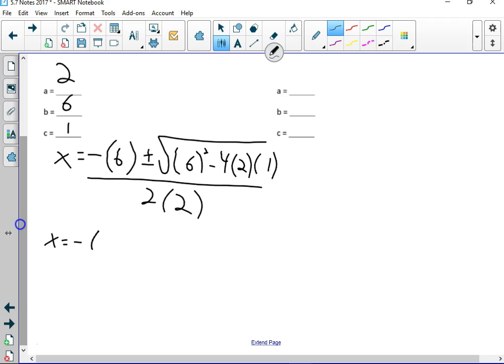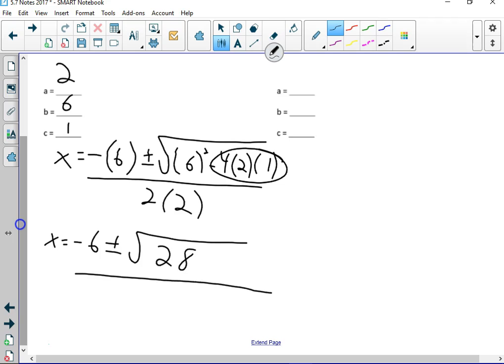Opposite of negative 6, opposite of 6 is negative 6. Plus or minus. 6 squared is 36. Minus 4 times 2, which is 8. 36 minus 8 is 28. All over 4.